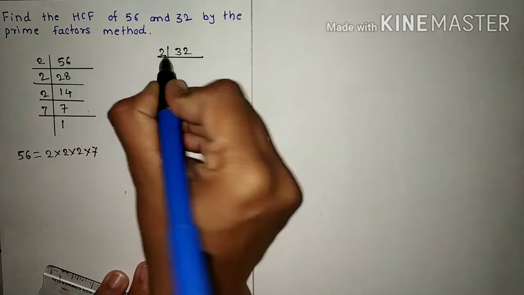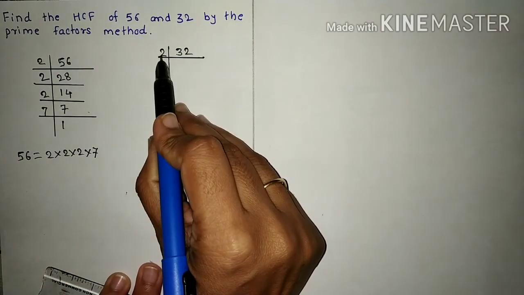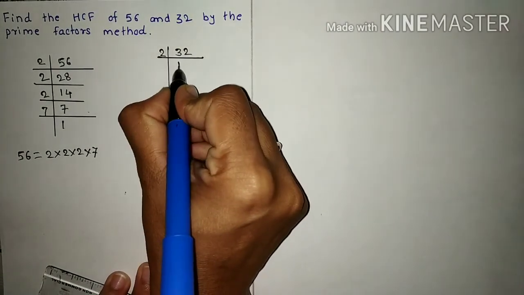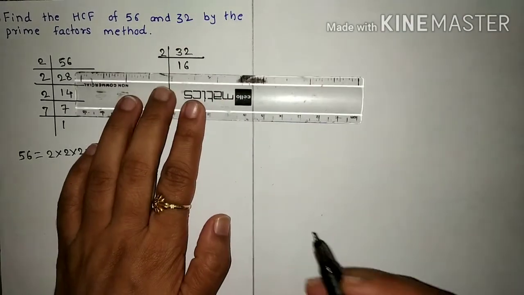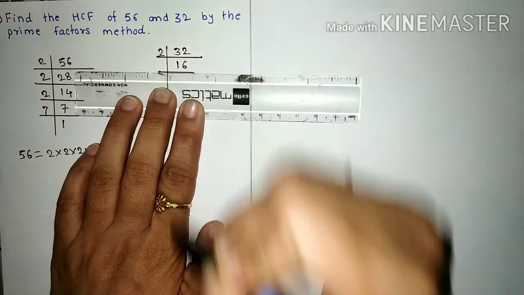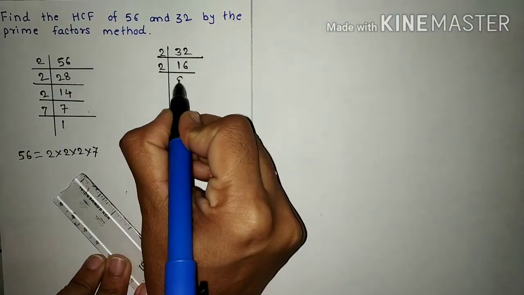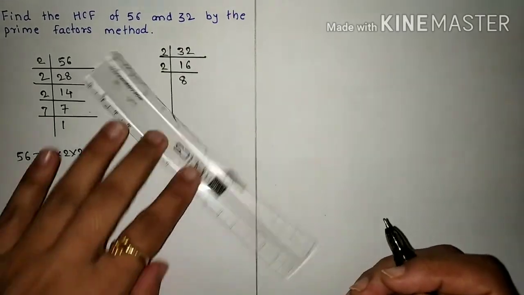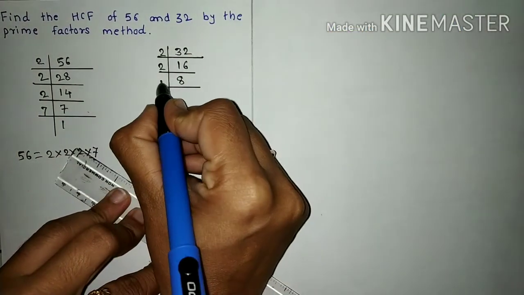So here write 2. When we divide 32 by 2, then we get 16. Again 16 is divisible by 2. Therefore here we write 2. 2 8s are 16. Again 8 is divisible by 2.